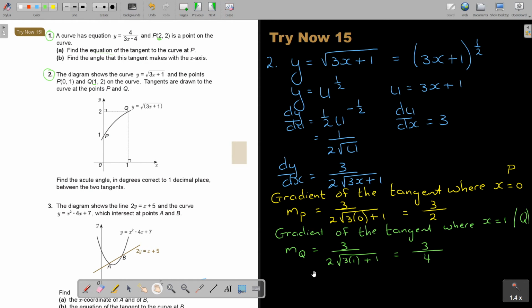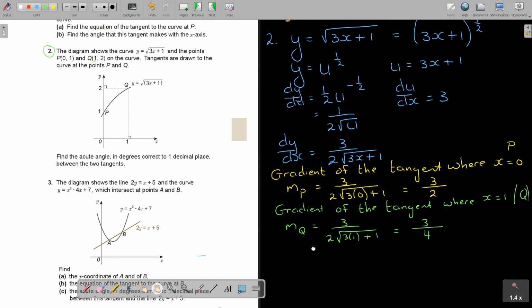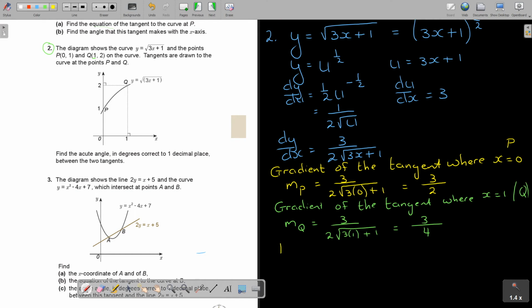Let's just move it up. Now I'm going to say the angle of inclination is towards the x-axis. Inclination of tangent at P. At P, so it's going to be then tan theta equals 3 over 2.